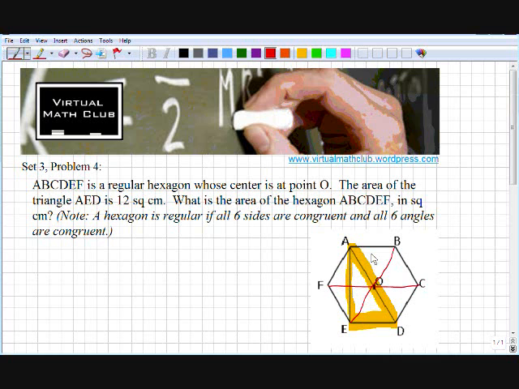So what if we draw some more lines? What if we draw a line like here, dividing that in half, and dividing that in half, and we'll divide this in half, and let's divide this in half. Now my lines aren't very straight, but now we have a bunch of triangles.